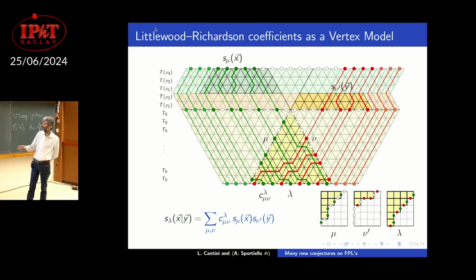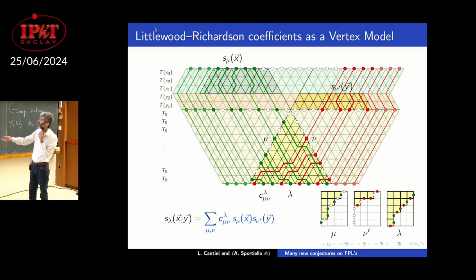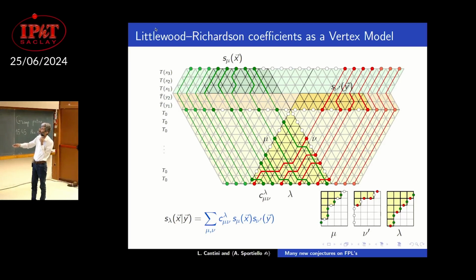And what happens is that here you have a triangle in which there is a mess. You have both red, green, and empty, which is white if you want. And it goes from lambda to some mu and nu. Then the mu and nu, you see, they just travel in these triangles straight, with a sort of identity.